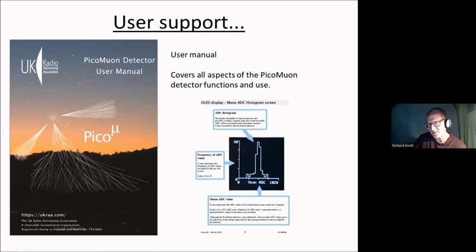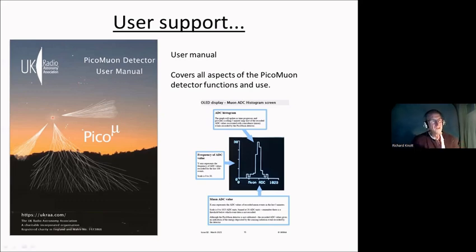Clearly, if we took some measurements with that and tried to compare it to the current Cosmic Watch, we'd have a difference in the ADC values. So we've taken the decision that we're going to scale the Pico ADC from 0 to 4095 to 0 to 1023, so that there's correlation between the Cosmic Watch and the Pico detectors.